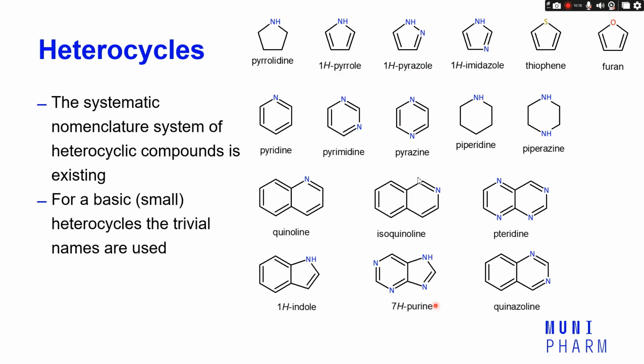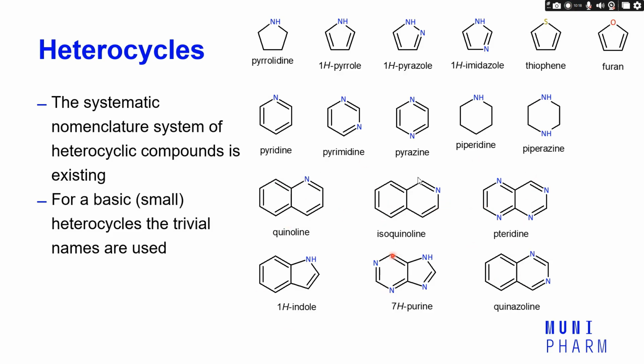For your information, I would only like to show here the structures and names of the most important and of course simple heterocycles. For these simple and small heterocycles, the trivial names are used. You can see the trivial names here, for example, furane for this, or pyridine for this kind of heterocycle.